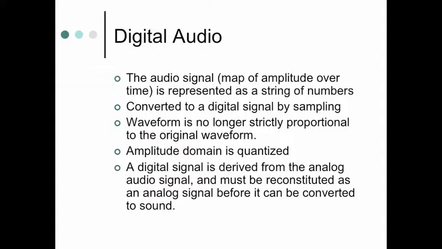The audio signal, the map of the amplitude over time, is represented as a string of numbers instead of a continuous voltage that fluctuates. Converted to a digital signal by sampling, we'll talk about what sampling is, and the waveform is no longer strictly proportional to the original waveform.